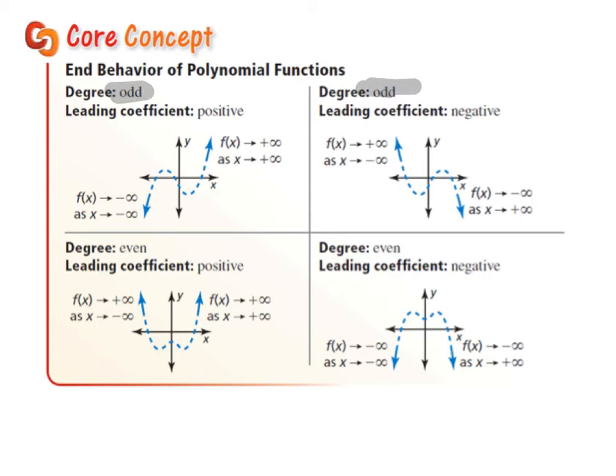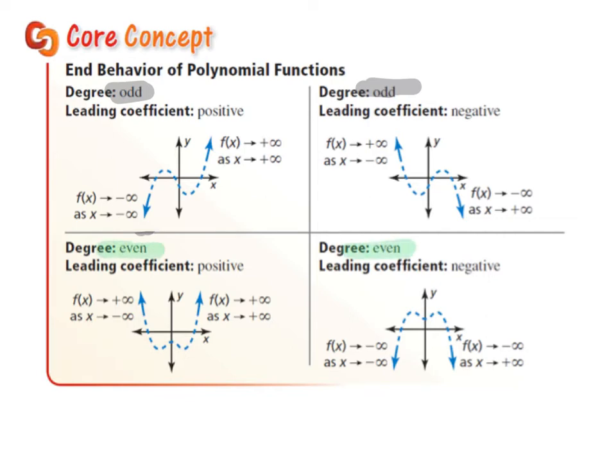If you look at them, think about what they have in common, and hopefully you notice that on odd degrees, one end is always going down and one end is going up. So if they have an odd degree, that's how you can tell they're going to be going basically in opposite directions.